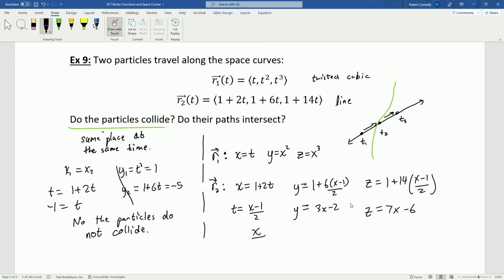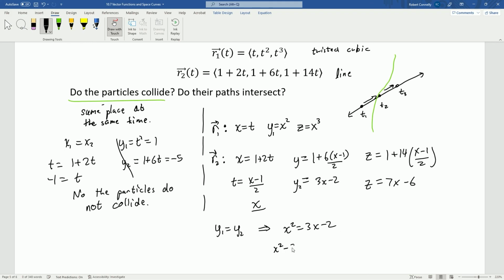So now we just need to consider, can we get the same y and z values for a given x value? So if y equals x squared, so I should call this maybe y1 and y2 here. If y1 equals y2, that would imply that x squared equals 3x minus 2.